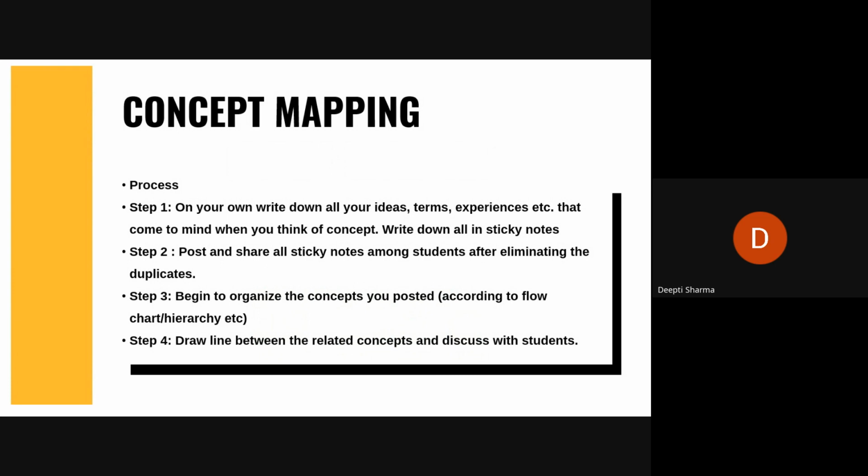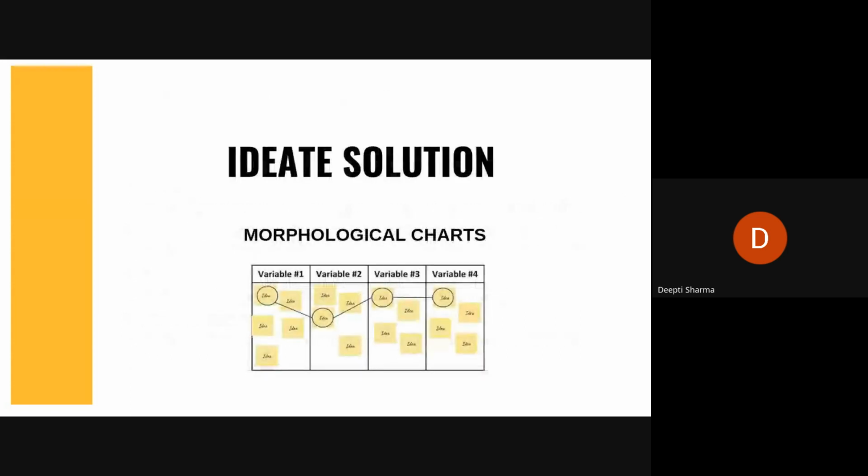And we can also relate that all 30 students understand the concept in the same pattern, and the students who are not understanding or not learning the concept as well can also relate the concept with different types of ideas. And the third phase is the ideate solution.